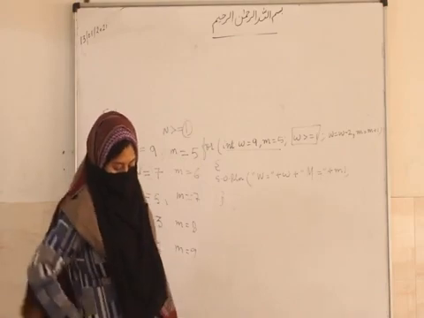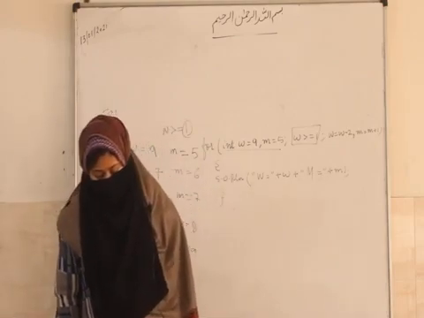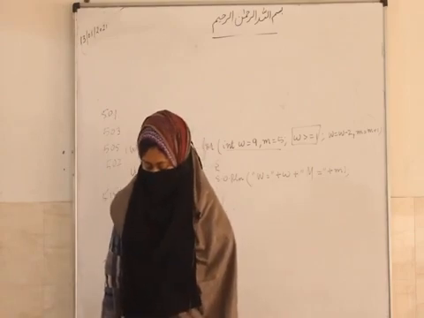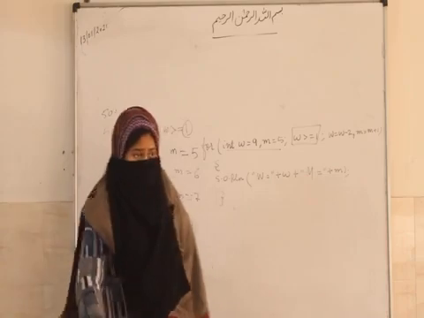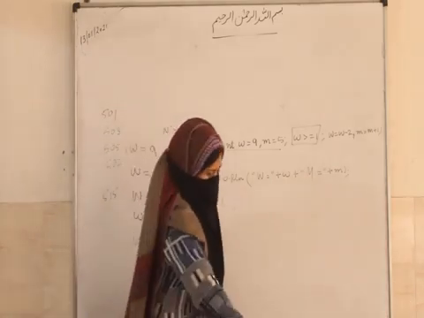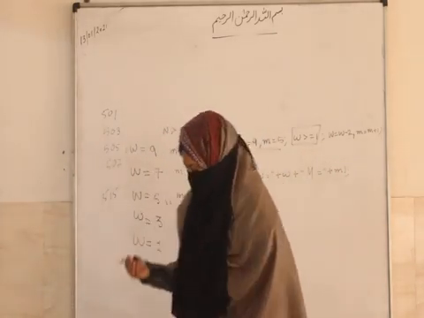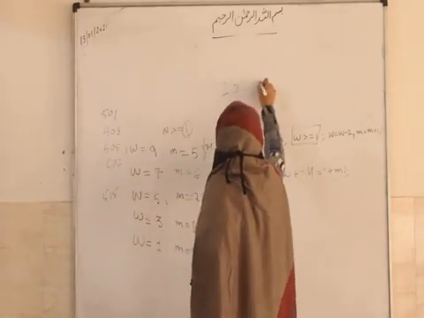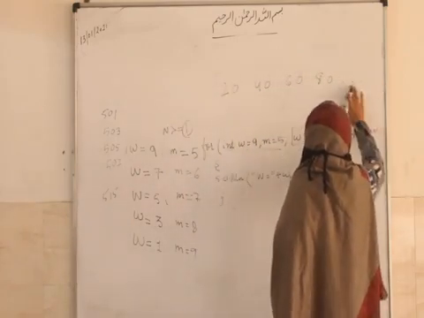Okay, next program. Program to print the following series up to n terms, where n is entered by the user. Means you have to print the values like 20, 40, 60, 80 and so on.